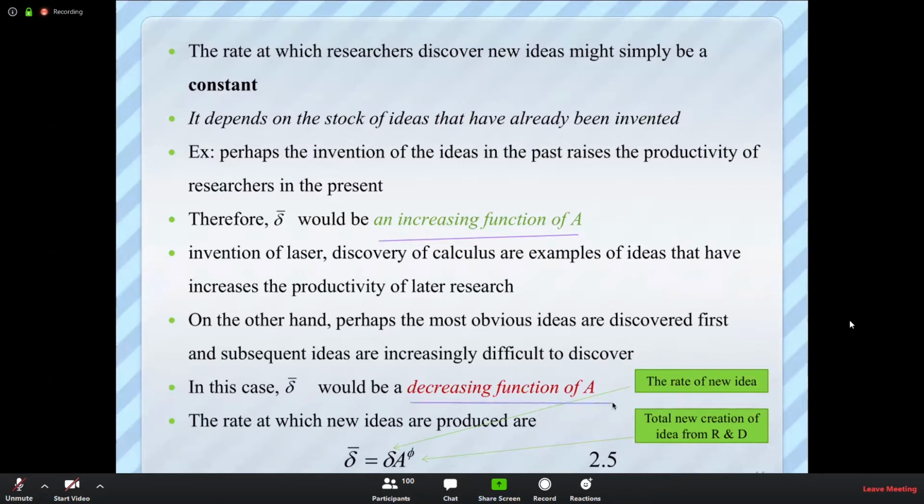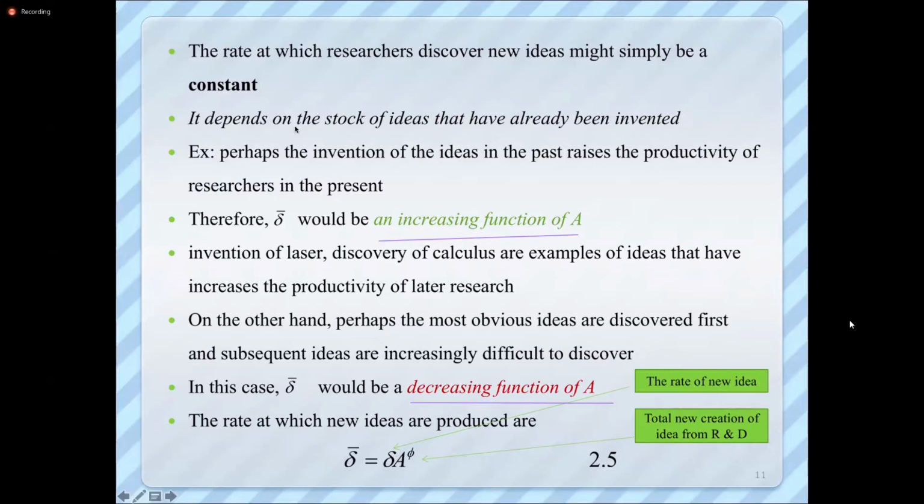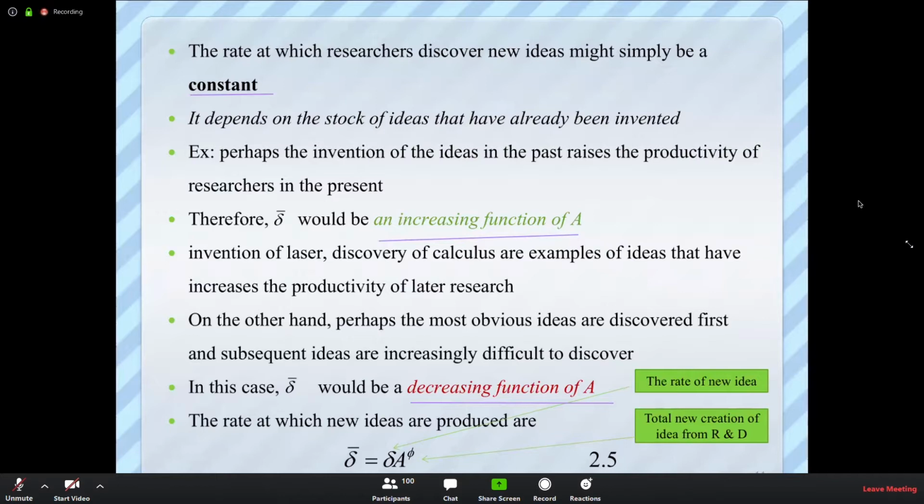It can also be a decreasing function, or it can even be constant, right? So what do we mean by constant? It doesn't change. It depends on the stock of idea that have already been invented. Example, the invention of ideas in the past raises the productivity of researchers in the past. Like, for example, I asked you to do assignment. It's so easy for you all.